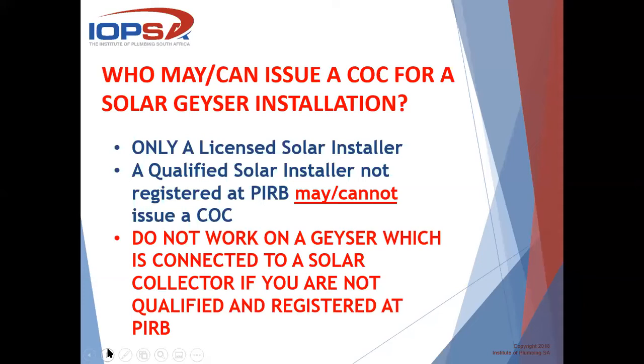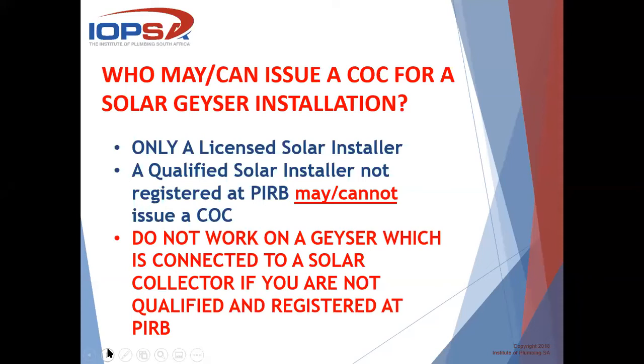I'm one of the first people to understand that you are being sent out on the weekend, the geyser has burst, and you jump in there and just replace the tank. The moment it's connected to a solar collector, it's not just a geyser replacement. Now you're working on a solar system, and you need the knowledge and experience to understand what you are doing.